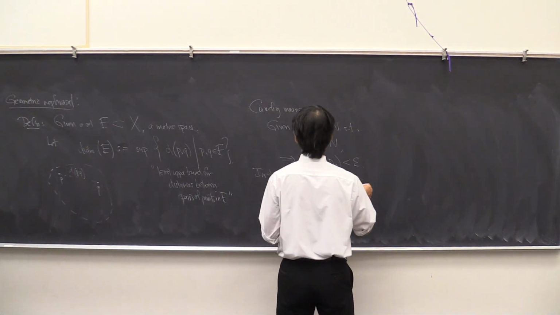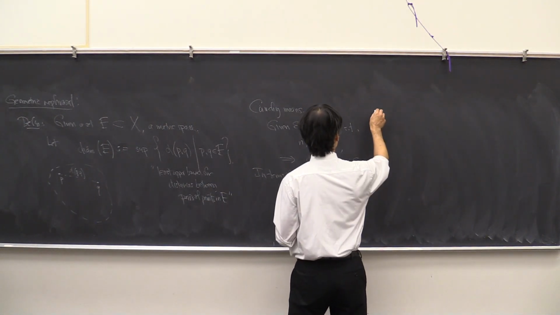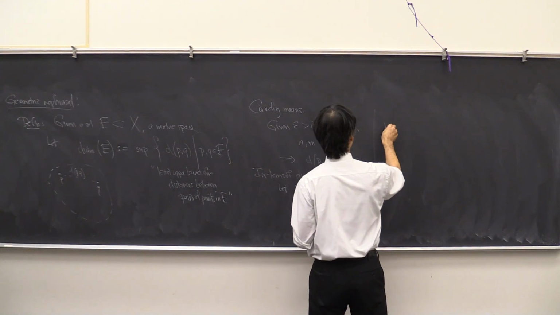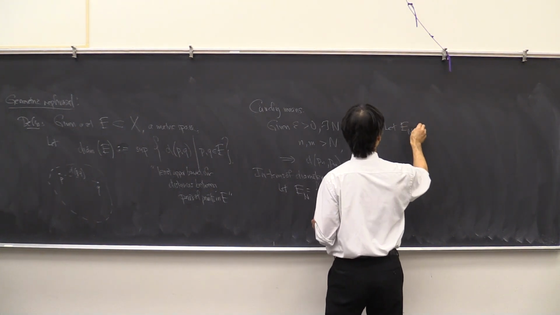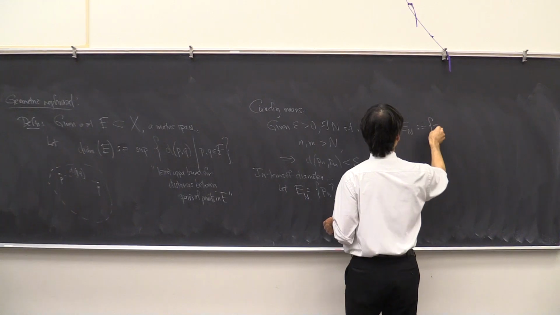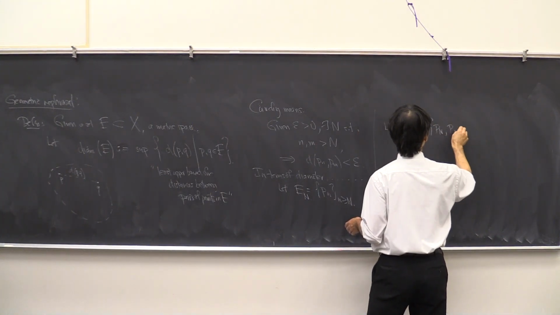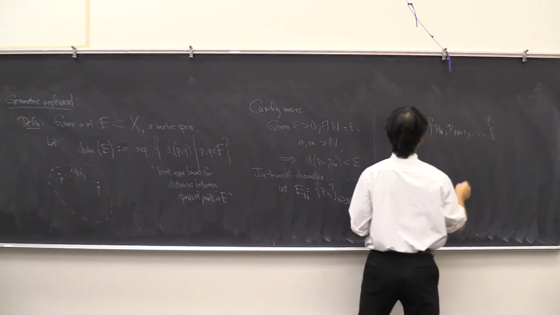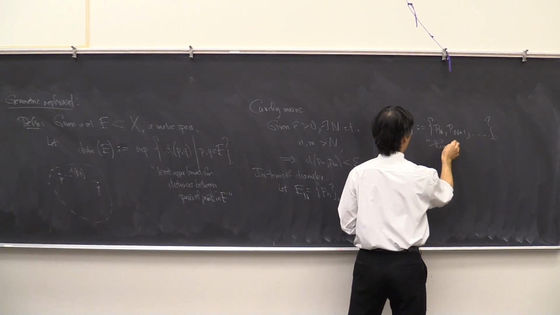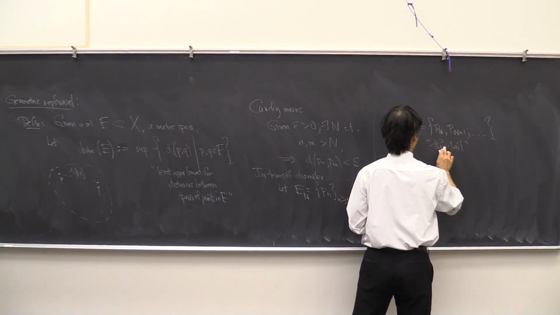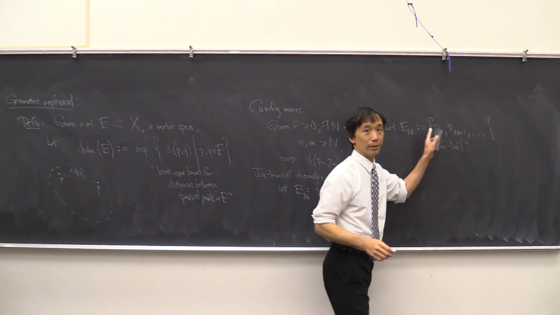So, if we let E sub n denote the collection of points P sub n, P sub n plus 1, and so on, the tail starting at point n.